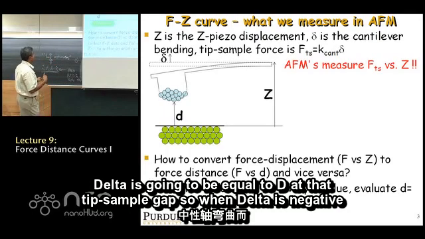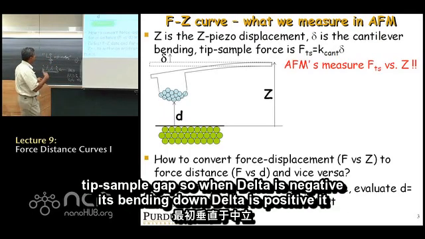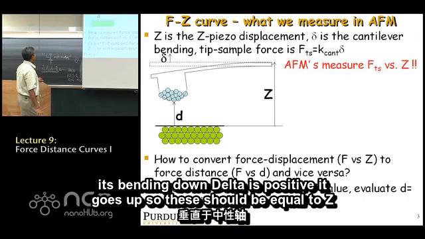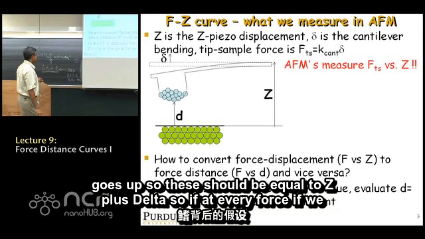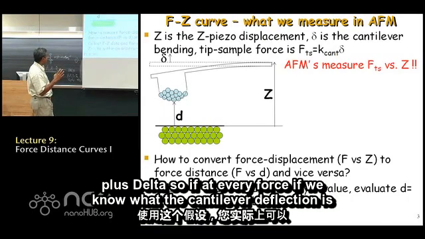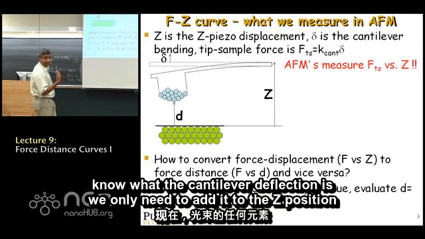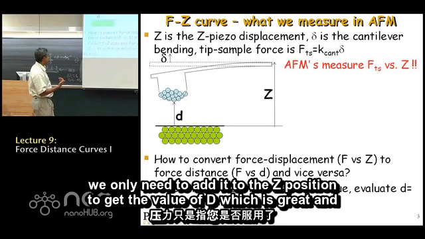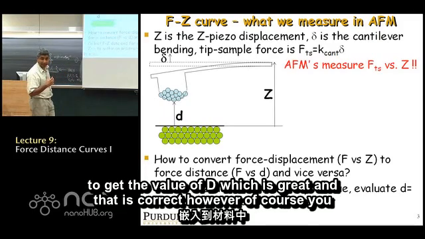So when delta is negative, it's bending down. Delta is positive, it goes up. So D should be equal to Z plus delta. So if at every force, we know what the cantilever deflection is, we only need to add it to the Z position to get the value of D, which is great, and that is correct.